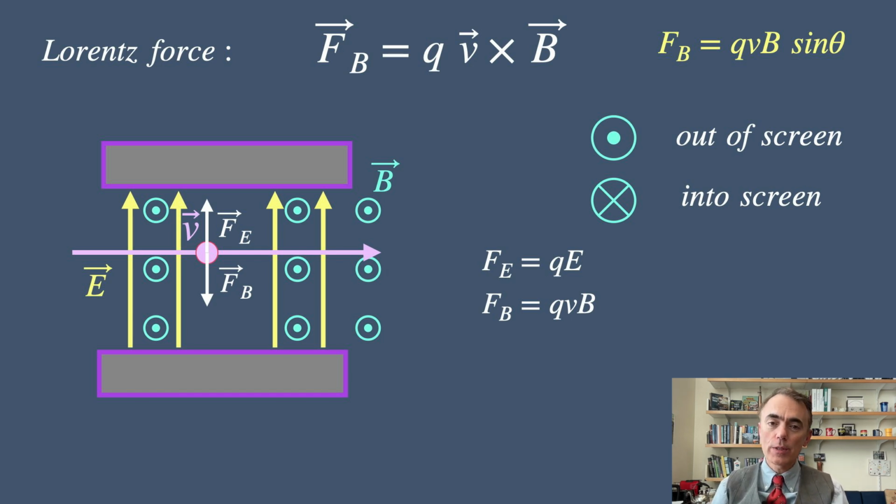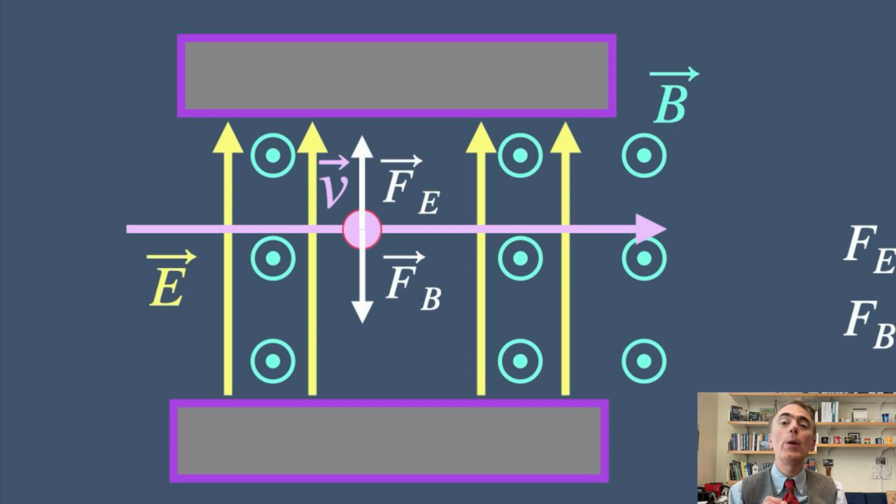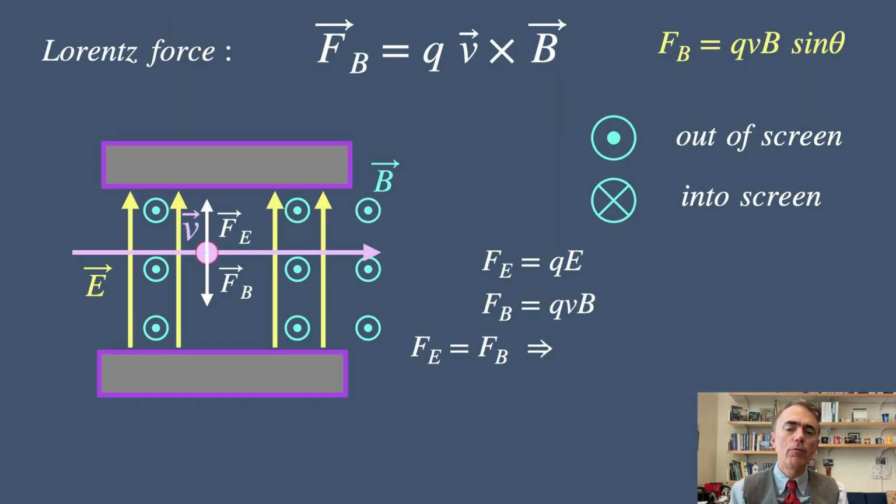So we have these two forces acting on the particle. The two forces act in opposite directions. The condition for no net force is that if the forces are equal in magnitude but opposite in direction, they will cancel each other out, and the particle will move straight without being deflected.